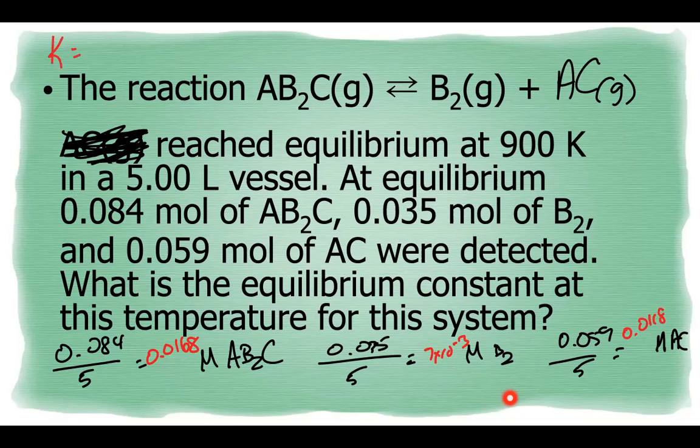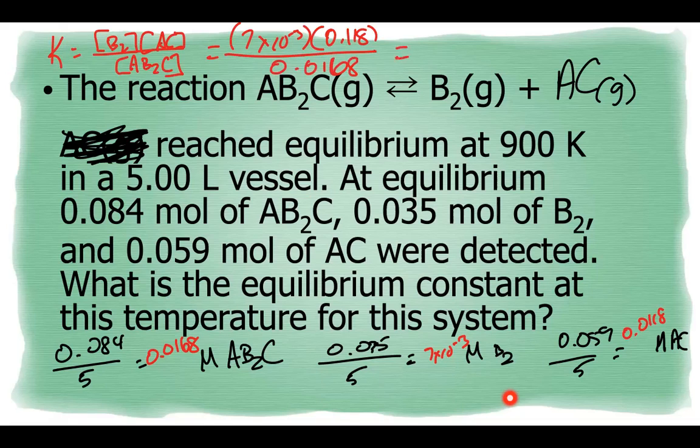So K is equal to B2, and everything's already balanced, times AC over AB2C. My B2 is 7 times 10 minus 3, AC is 0.0118, and 0.0168 for AB2C.